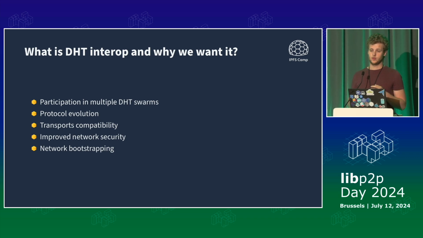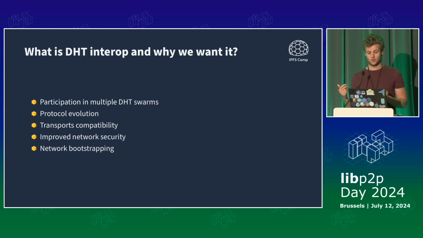We also want the DHT protocol to evolve over time, because maybe there are some new needs, so we want to be able to boot up a new DHT specification and have some interoperability with the older protocol for the time of the migration.